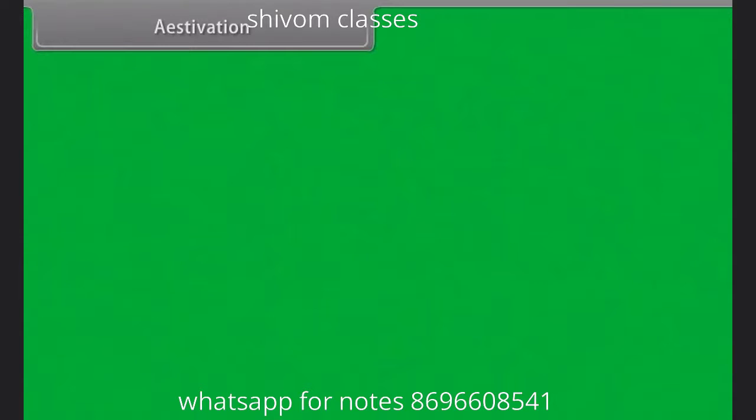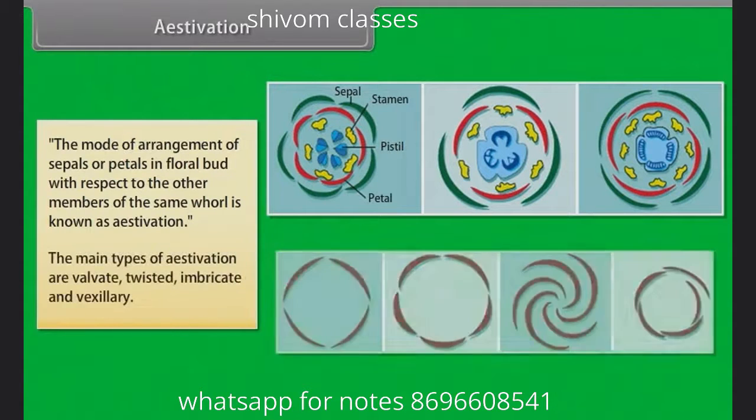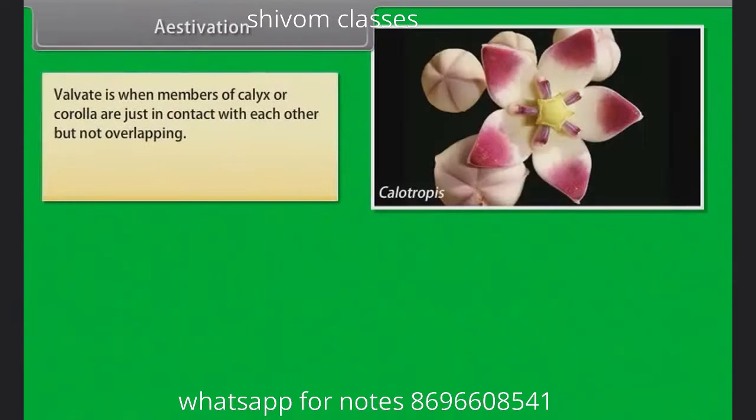Estivation. The mode of arrangement of sepals or petals in floral bud with respect to the other members of the same whorl is known as estivation. The main types of estivation are valvate, twisted, imbricate, and vexillary. Valvate is when members of calyx or corolla are just in contact with each other but not overlapping.